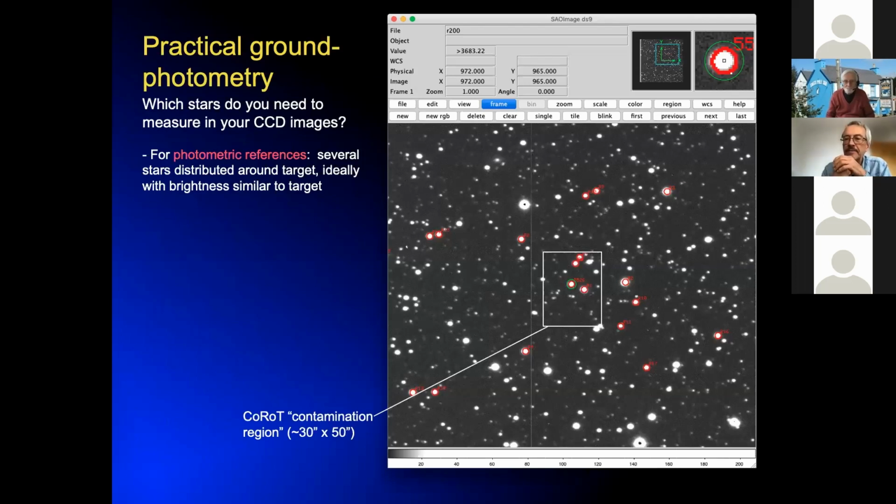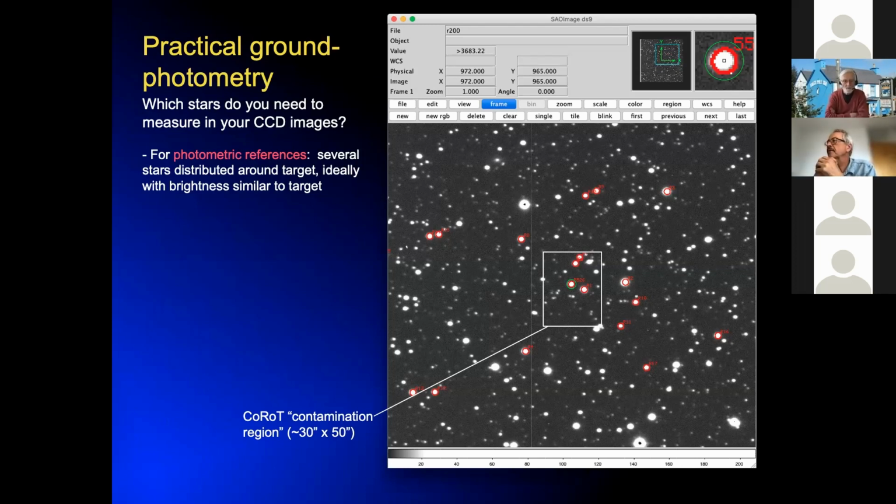So in the last part of my talk, I just want to make a quick revision of practical ground-based photometry, how to do it for the needs of follow-up of space-based missions.